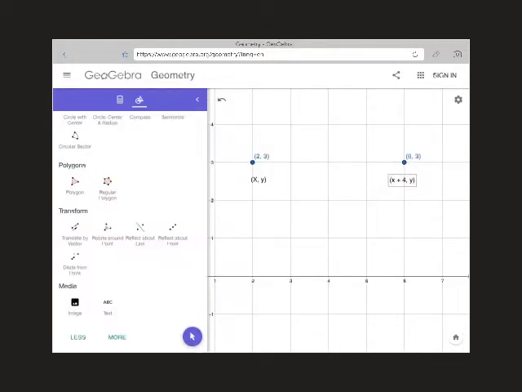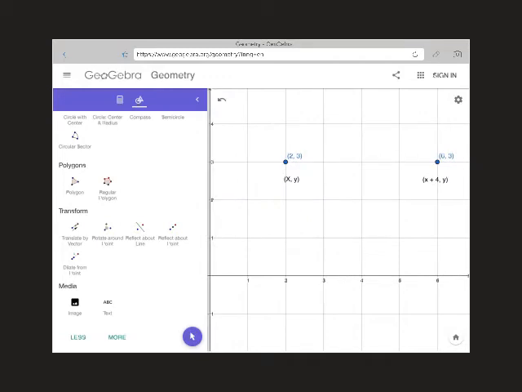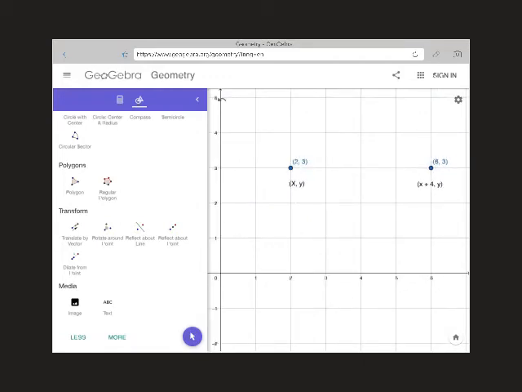So here we see our original point, (2, 3), and we have translated that point to the right 4 units. And the way that looks is if you look at the algebraic notation underneath (6, 3), it says (x + 4, y). Because remember, just like with the reflection, you had a pre-image and then you had the reflected image.